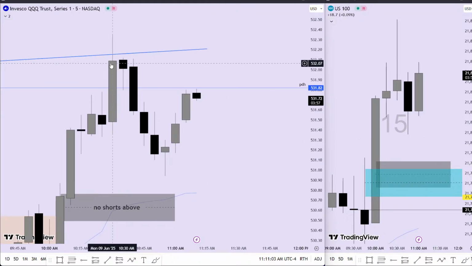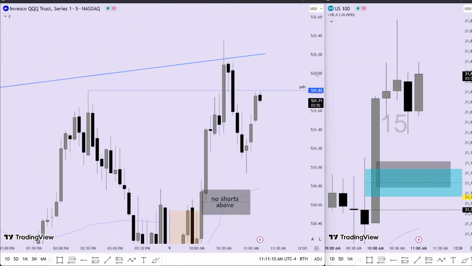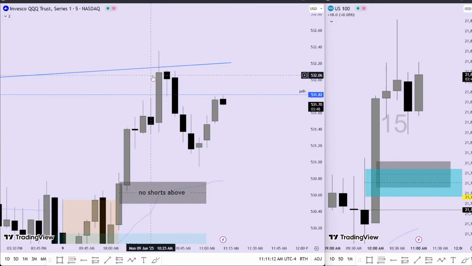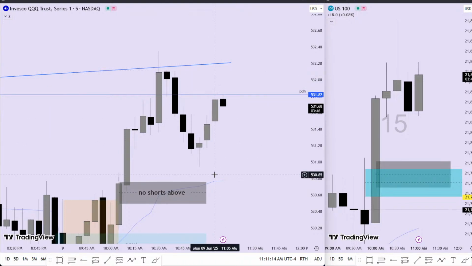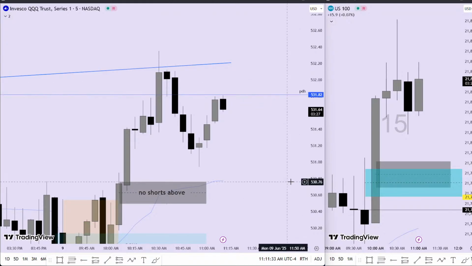People who got long around this point, it was not a very ideal buy, but still, some people who got long around this point and scaled in below this bar are probably making money, right around 50% of this point. And when the price comes and retests this point, they'll get out at break even.